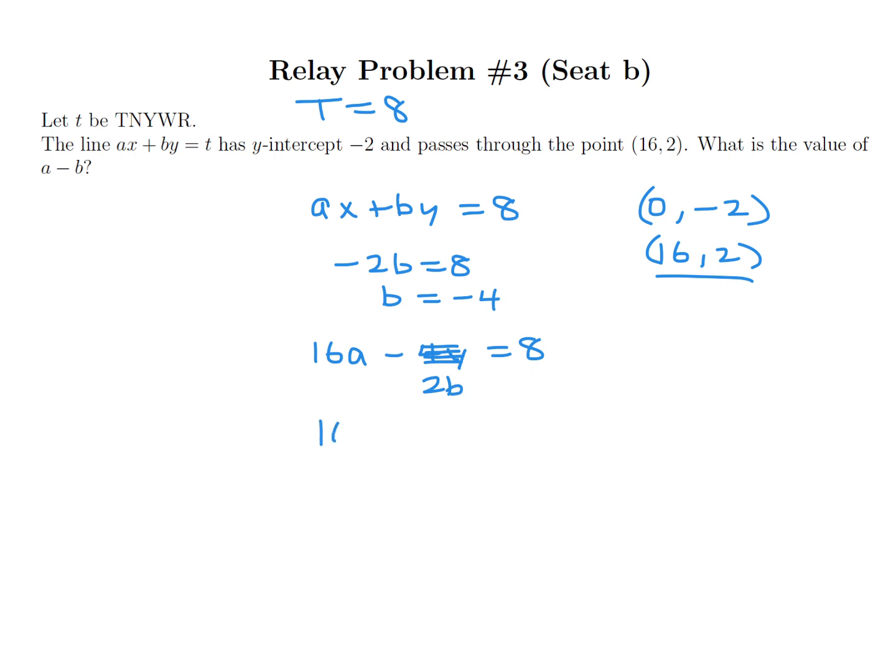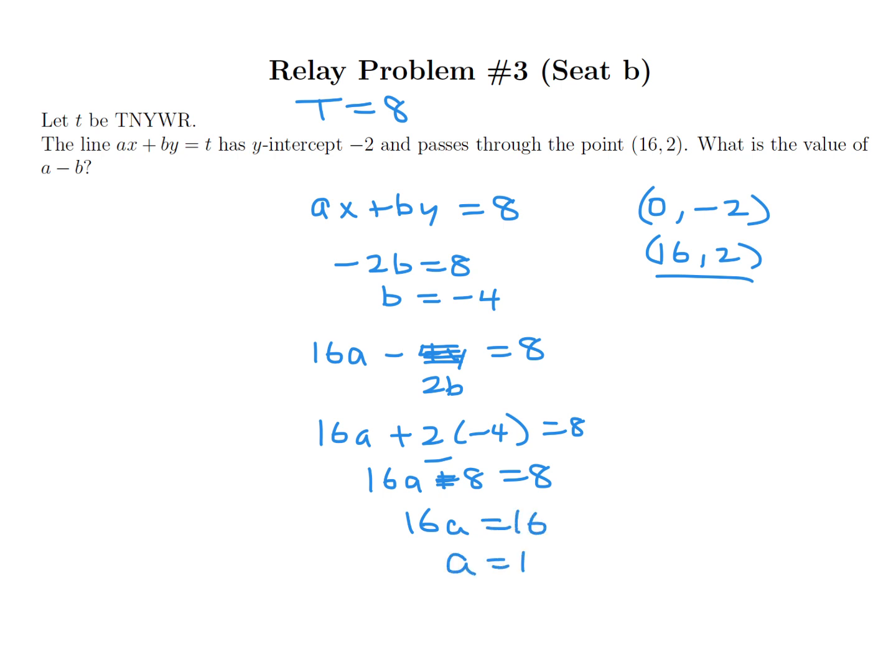And then 16a, 2b is negative 4, so we already have that. So 16a plus 8 is equal to 8, if I'm doing this correctly. And therefore 16a is 16, and therefore a is 1. Correct?